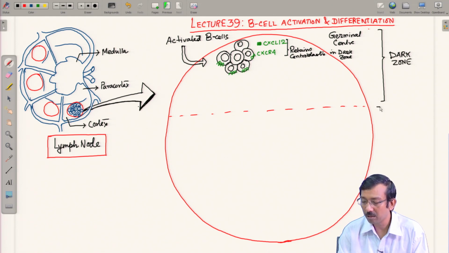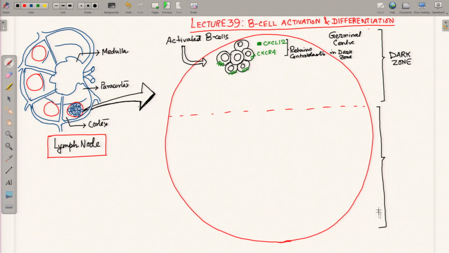And this part, where the final differentiation occurs, we call it the light zone. Now, what happens in the dark zone? These cells which have started proliferating are called the centroblasts.